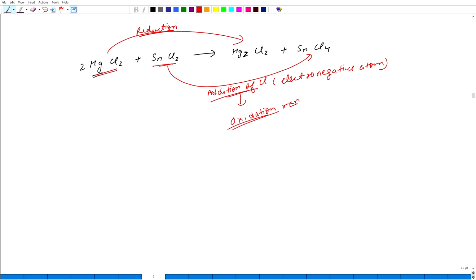So, what I am trying to say here is that oxidation reactions and reduction reactions are two complementary things, one goes with the other. It is not possible that only reduction reaction is possible, it is not possible that only oxidation reaction is possible.